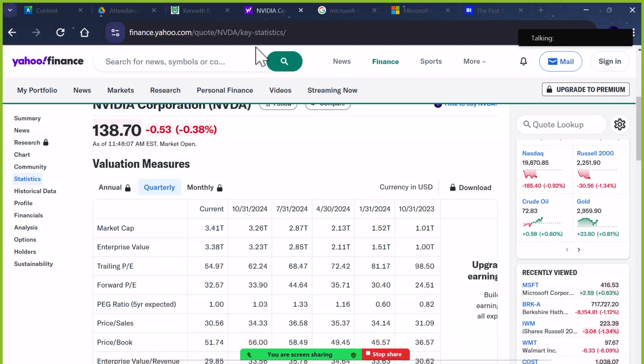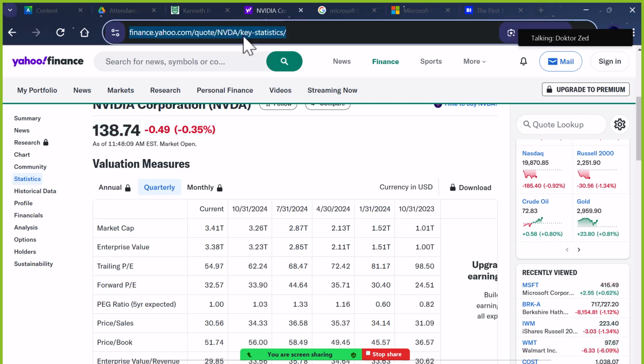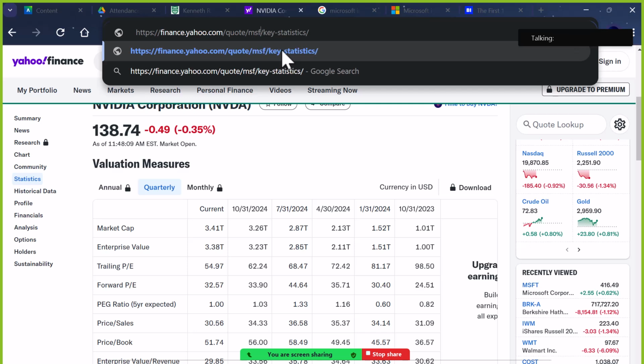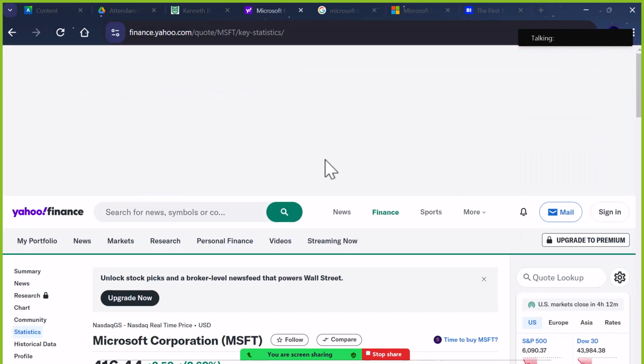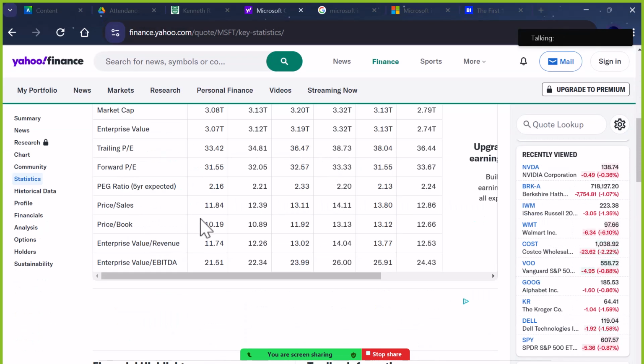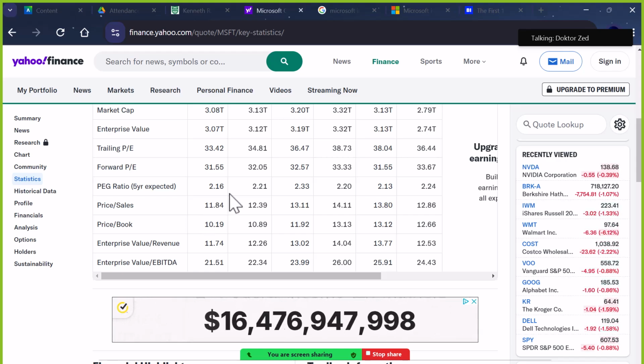Let's look at the same number for Microsoft. And 216.